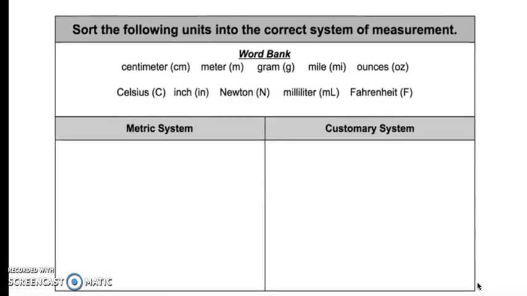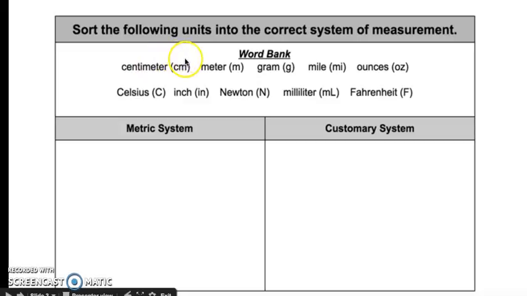Okay, students, here's our next section on the back of your paper. Turn your paper over. Now, here are the directions. Sort, or put into 2 different boxes, the following units into the correct system of measurement. Here are all the units we learned.